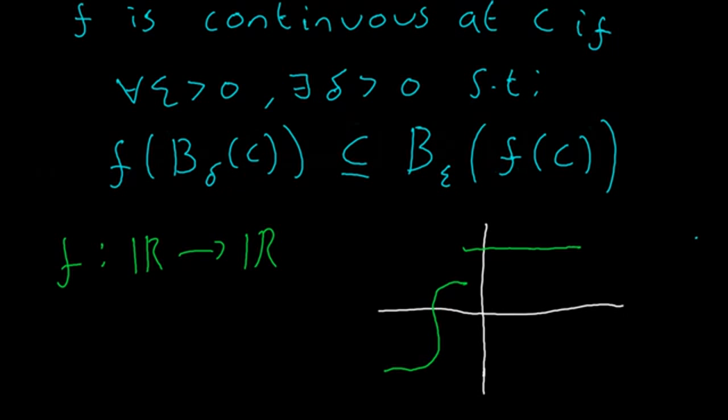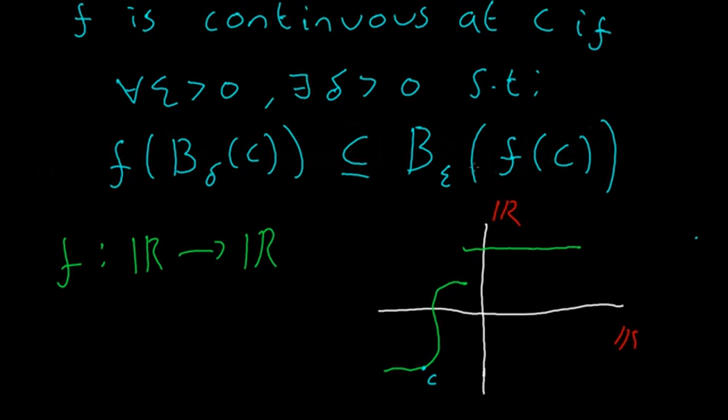Well, okay, so this is a real axis, and this is a real axis. And so what's our definition here? Well, we want that f is continuous at a point c. So say this is the point c. Just pick a point c. We want that given any radius epsilon greater than 0, and remember this is going to become a ball, an arbitrary ball of radius epsilon around the point f of c.